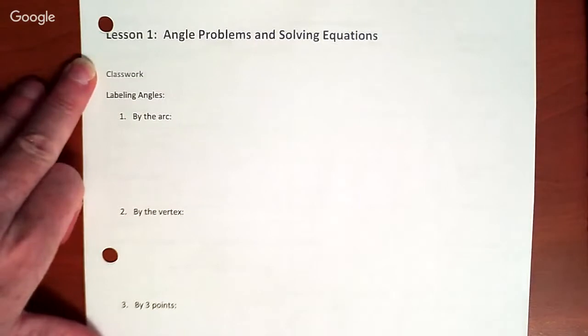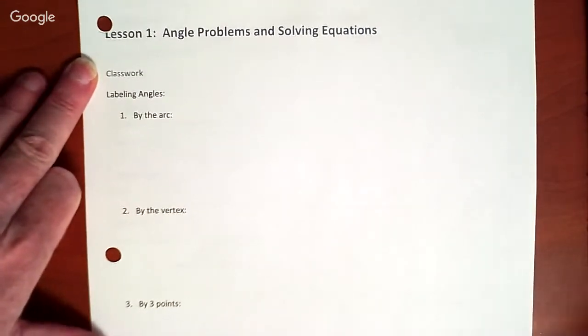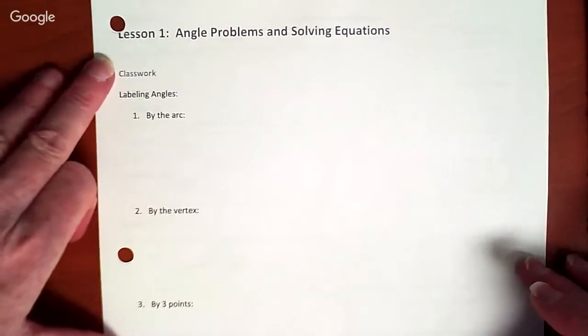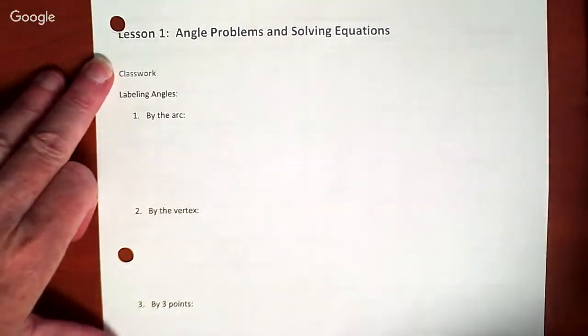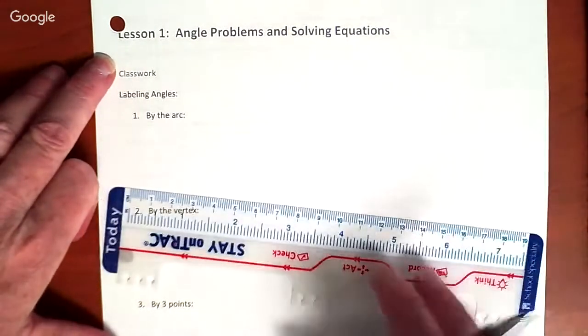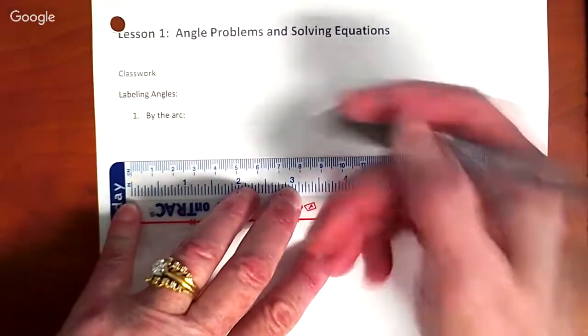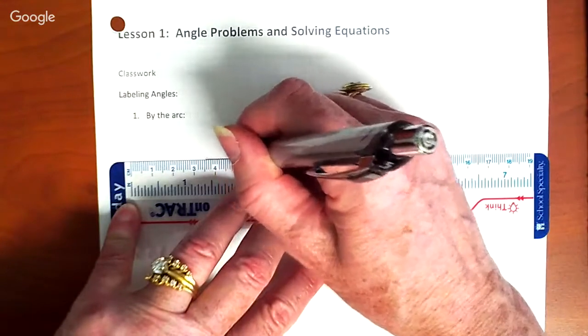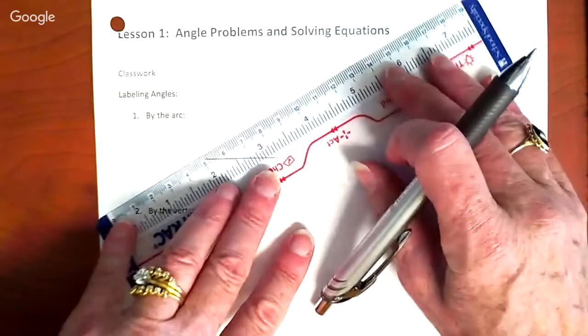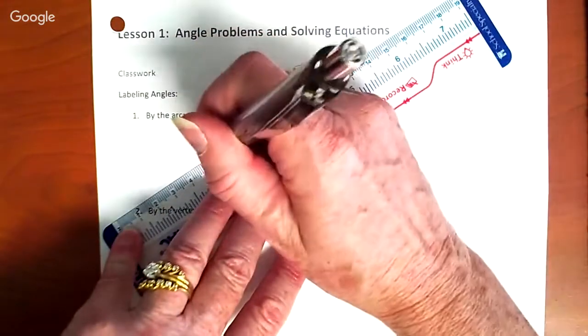Okay, this is lesson 1, day 1, angle problems in solving equations. First of all, labeling by angles. When we label by the arc, you will need a ruler or a straight edge. We will draw any kind of an angle, really, like this.